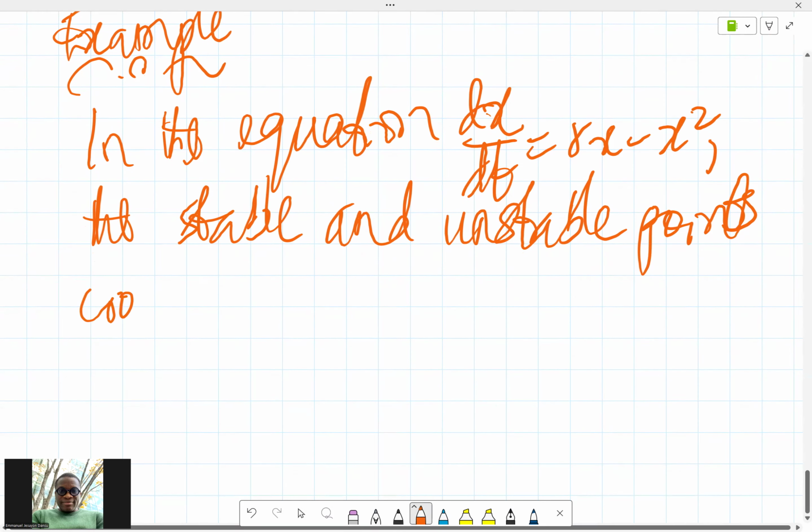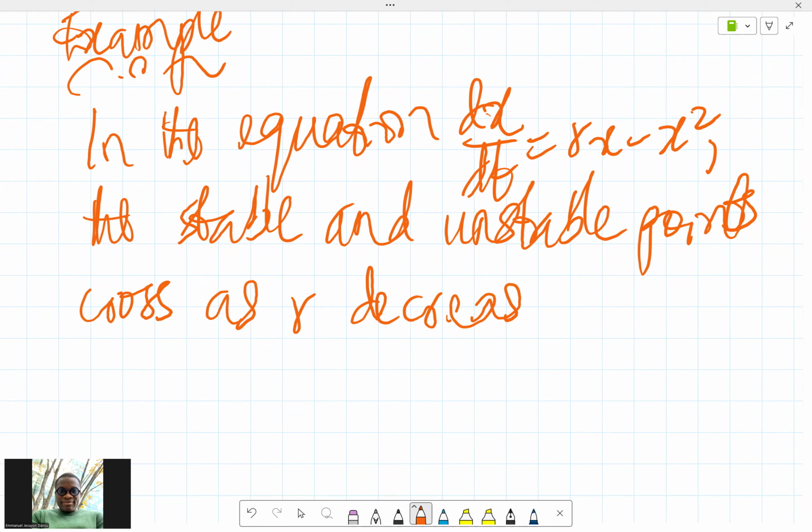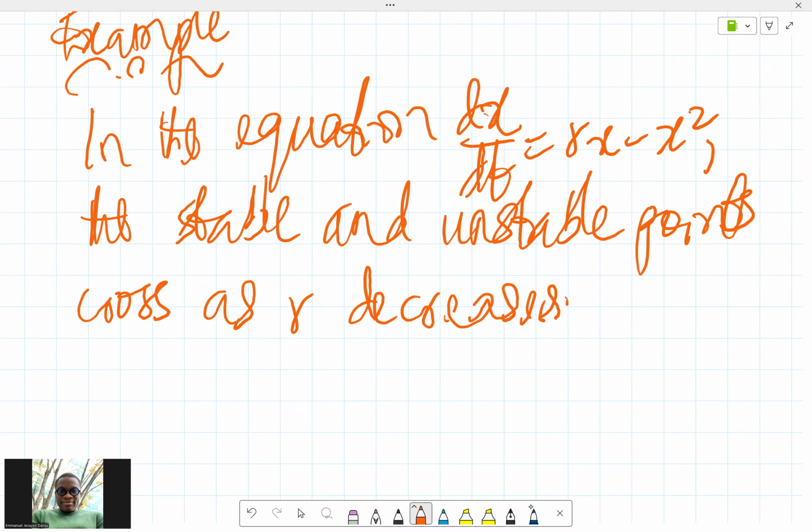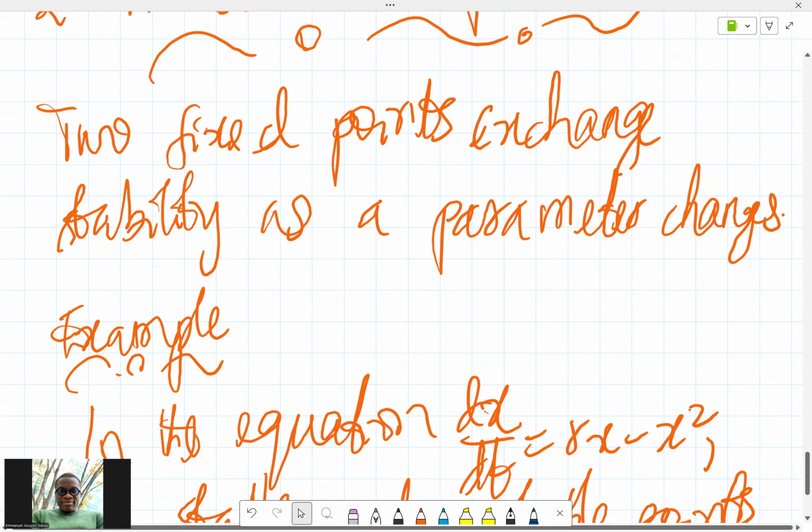The stable and unstable points cross as r decreases. We're going to see these pictures using Python pretty soon.